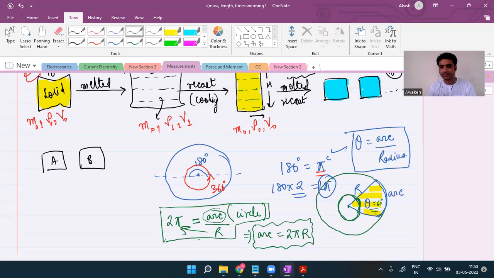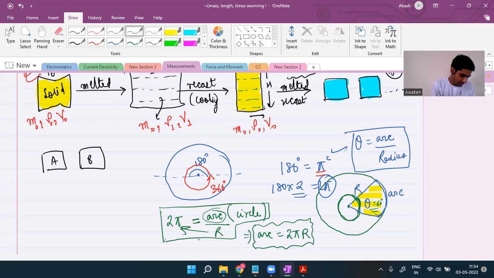Now you have 1 minute to do it. Find the length of arc of a circle of radius r which subtends an angle of 120 degrees at the center.